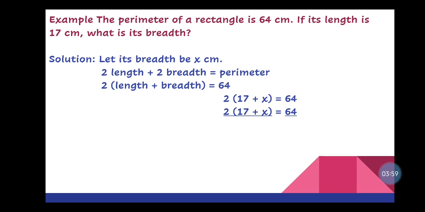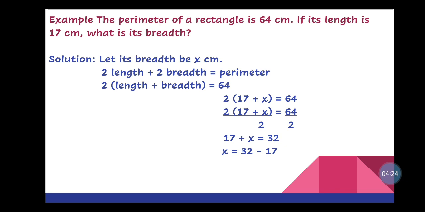Now we'll be dividing both sides by 2. So we get 2 into 17 plus x upon 2 is equal to 64 upon 2. 2 gets cancelled in the LHS part. So what remains is 17 plus x. And when you divide 64 by 2, we get 32. Now we need to find the value of x.